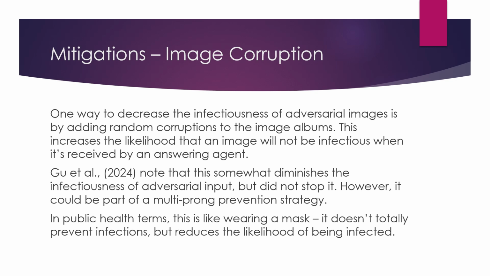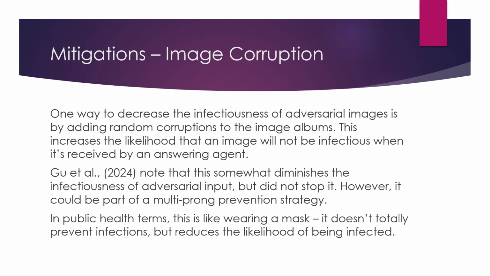And finally, the last mitigation that I wanted to discuss is image corruption. In the paper, they attempted this, and it didn't totally work, but it did reduce the infectiousness of images. If you have an infectious image and the agents randomly add corruptions to the image and to images within the album, then it increases the chance that an image will not be infectious when it's received by another agent.